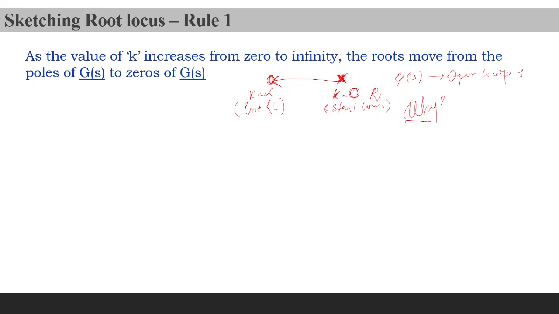It's quite simple, and if you trust me, you can easily follow this rule, and that's not very difficult to figure out. But if we want to investigate, let's prove why we should move from poles to zeros. We need to look at some of the mathematics to understand that. So let's explore this.